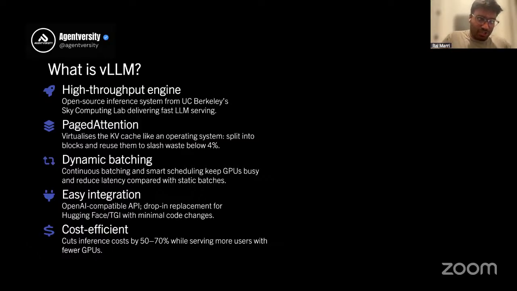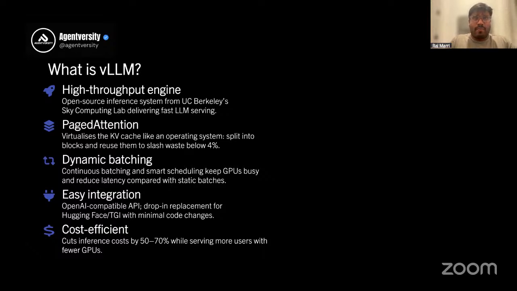Paged attention is also a huge advantage. It's a great improvement for attention, because we know the KV cache is huge. As the input grows, the KV cache grows, but how are we going to maintain that? So vLLM provides something called paged attention. It's basically virtualizing the KV cache like an operating system.